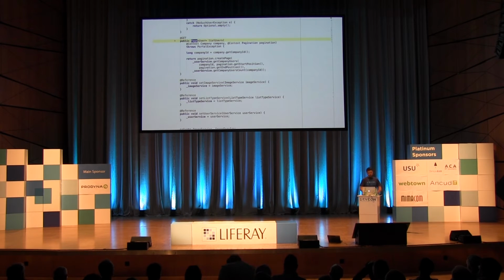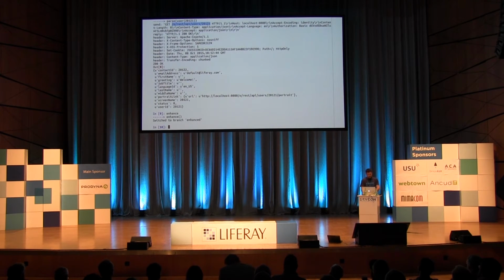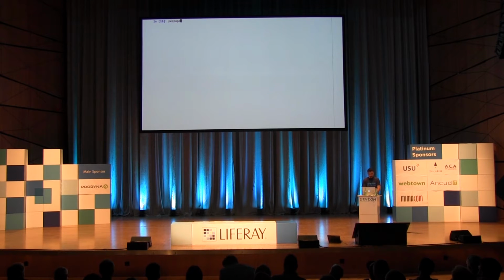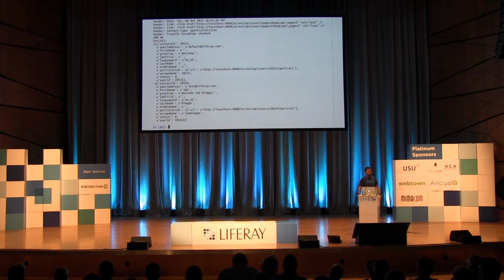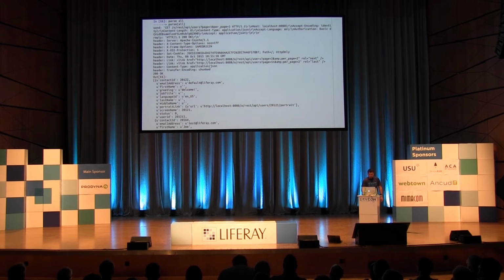So let's see the result now. I will ask my application to use only 2 elements in the result. So I will ask for all the users again. What I get here is just 2, as I requested. And we can see new parameters here, which are, I want the first page, and I want 2 items per page.